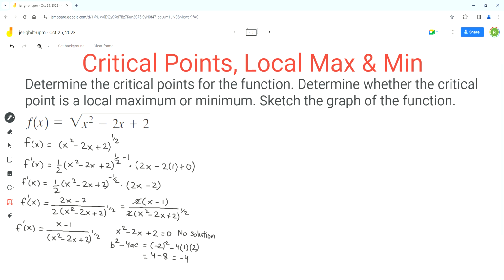So the next case we have to explore is the x values that will make the prime of f of x equal to 0. So we'll sub in the left side as 0 and then solve for x.